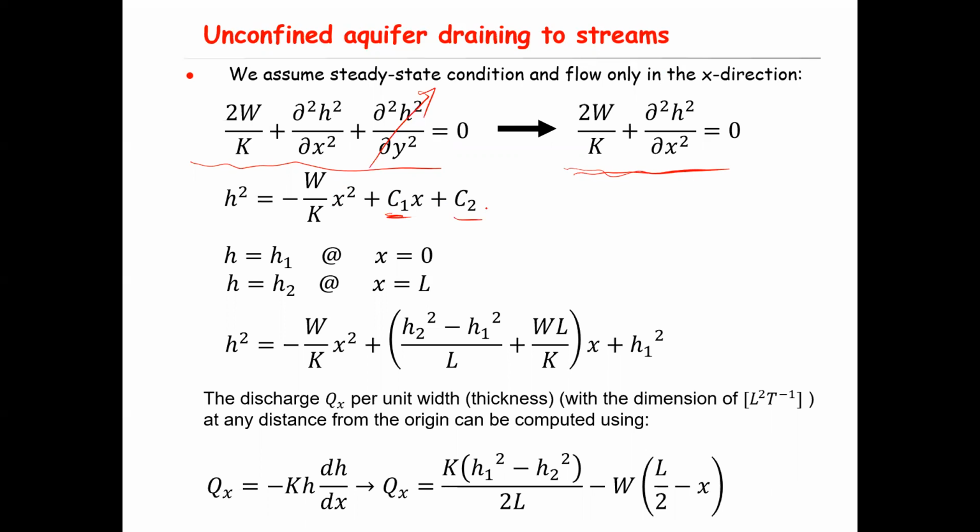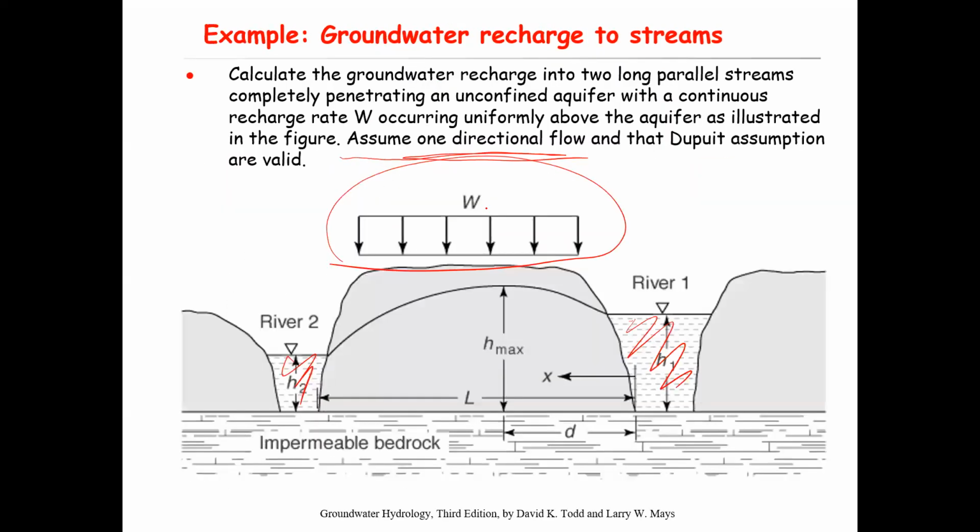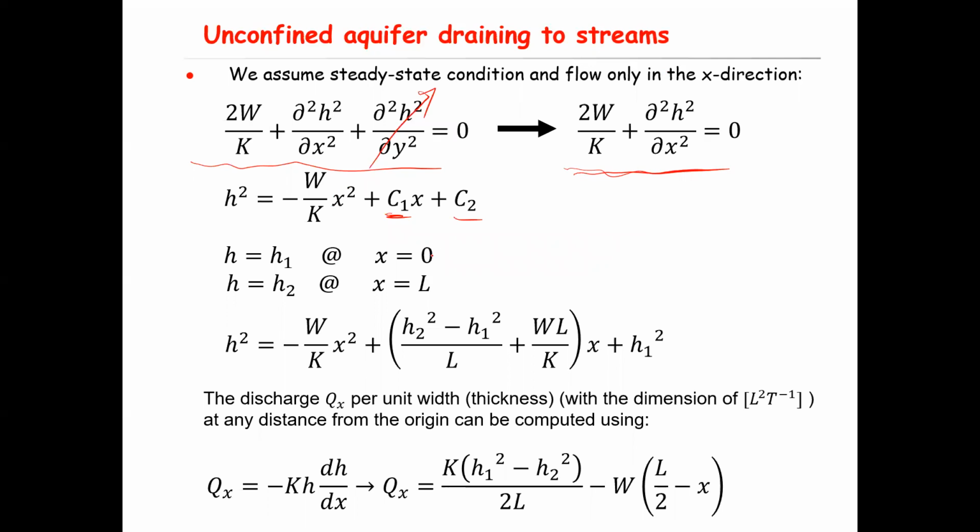The good news is you have two boundary conditions. At x equal to 0, H is equal to H1, and at x equal to L, H is equal to H2. If I plug these two conditions into this equation, then you will have two equations and two unknowns.